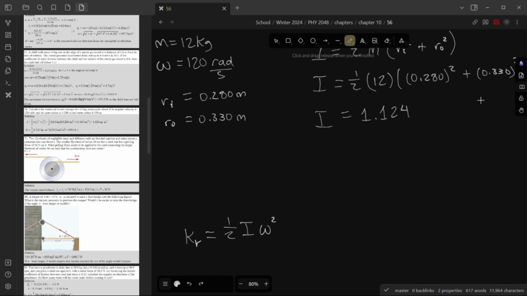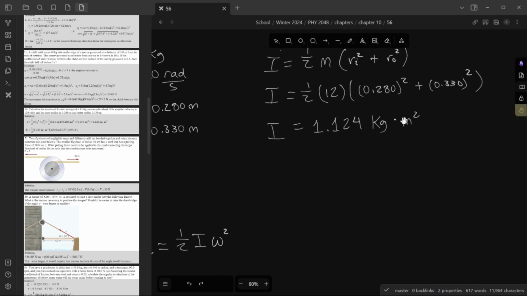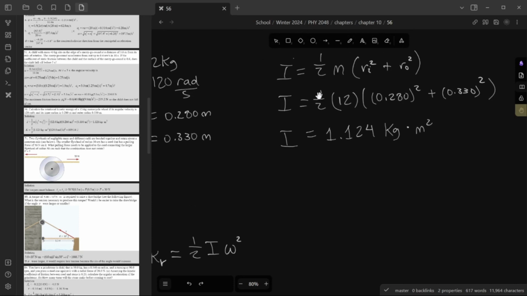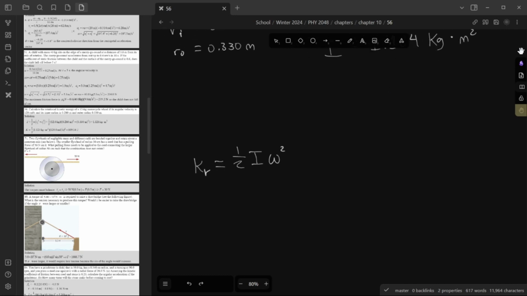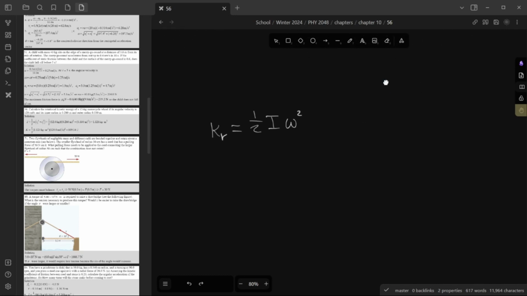This is 1.24 kilogram meters squared. I always forget the units for a moment of inertia, but yeah, kilogram meter squared. Right, we have mass, and then we have a meter squared. So that's how you can remember the units.